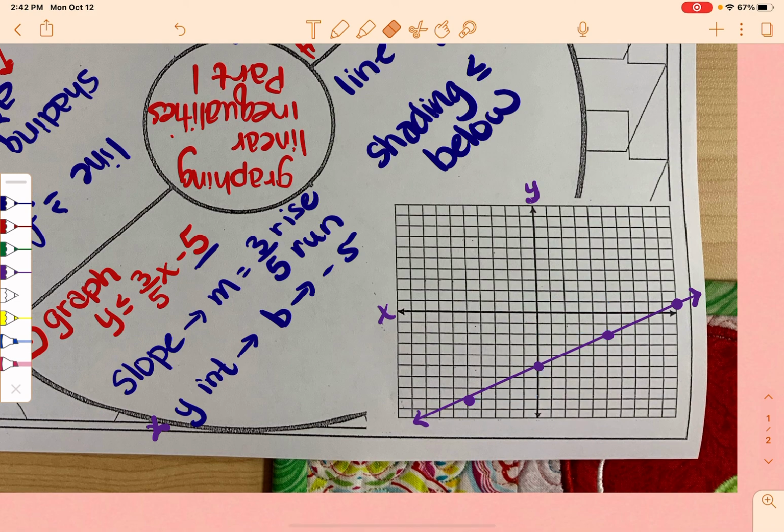If I'm shading below the line, that means I'm going to shade down here. Okay, we're going to keep graphing over the next couple days, so we'll keep working on this.